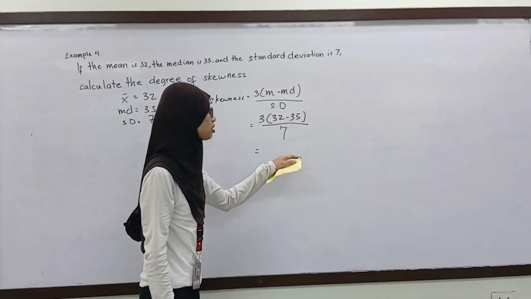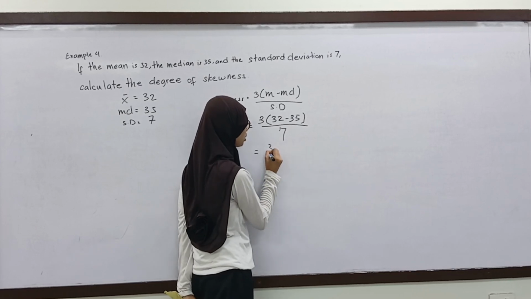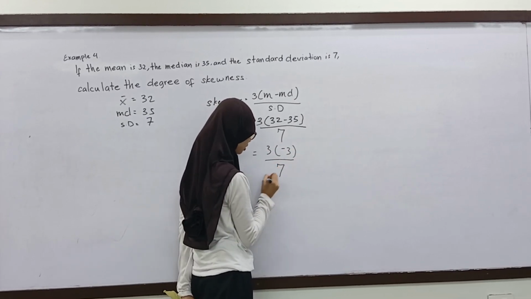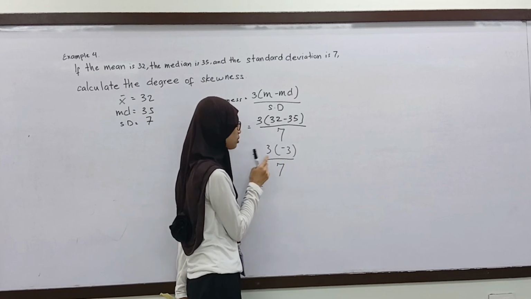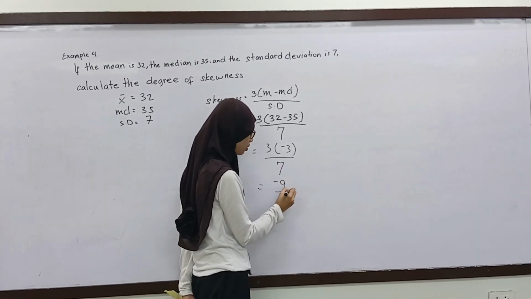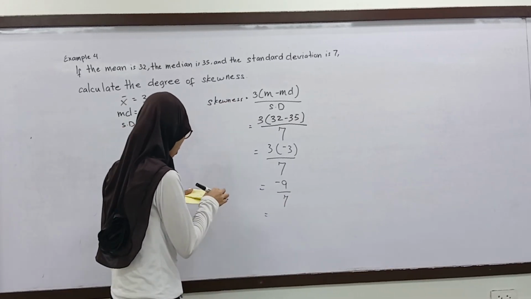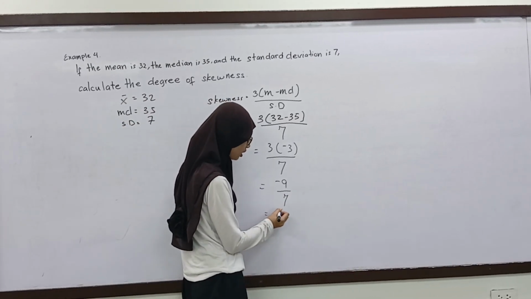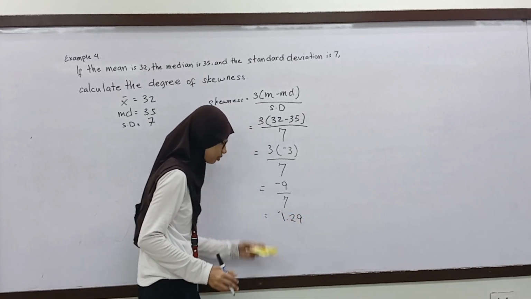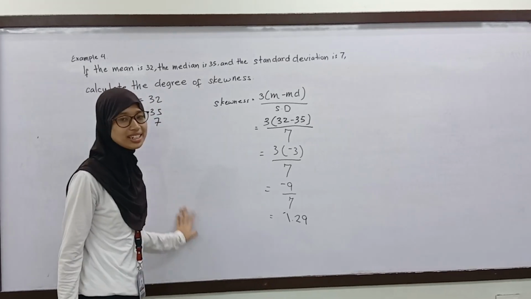So we solve this first. 32 minus 35 is equal to negative 3 over 7. Negative 3 times 3 is equal to negative 9 over 7. And negative 9 over 7 is equal to negative 1.29. As you can see, the skewness of this problem is negative.